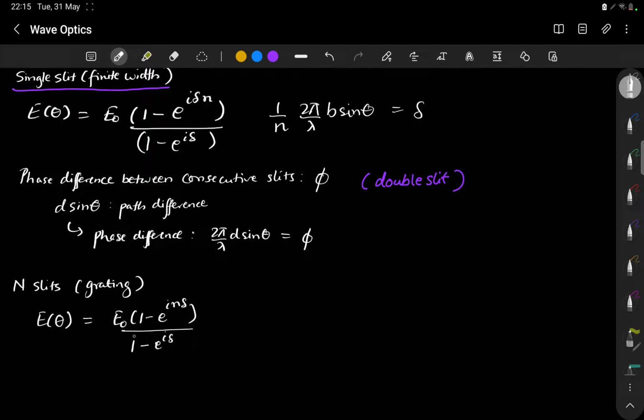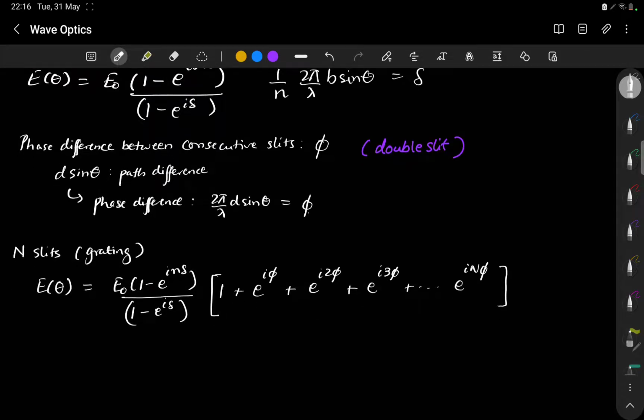And then each of these successive slits has a phase difference of phi. So we have the first slit S1, then between the first and the second slit is phi phase difference, between the first and the third slit is 2 phi, between the first and the fourth slit is 3 phi, so on and so forth up until the last slit, which is n phi phase difference.